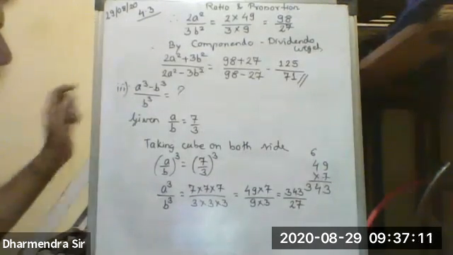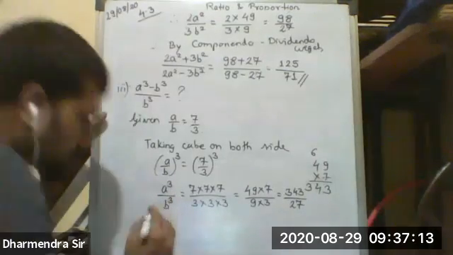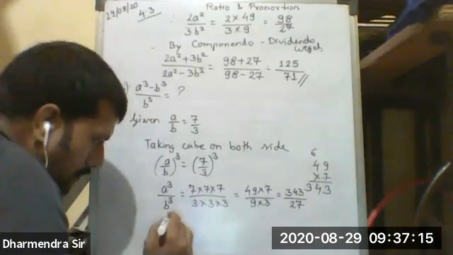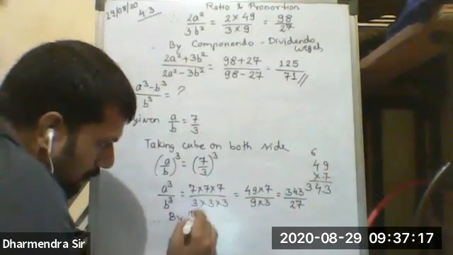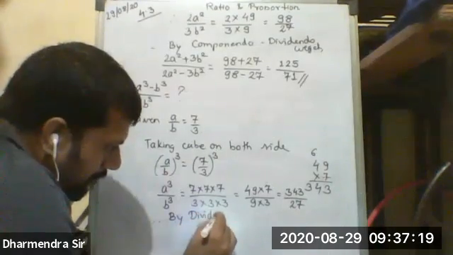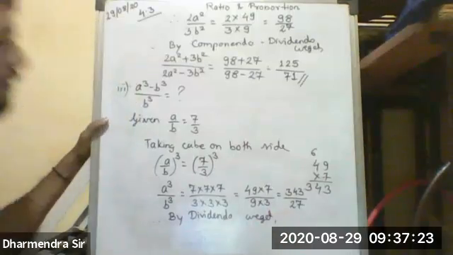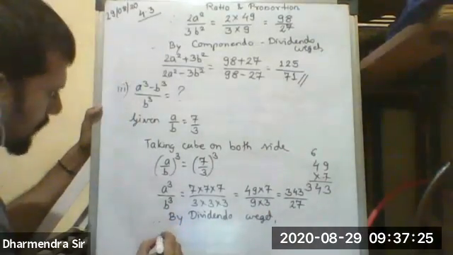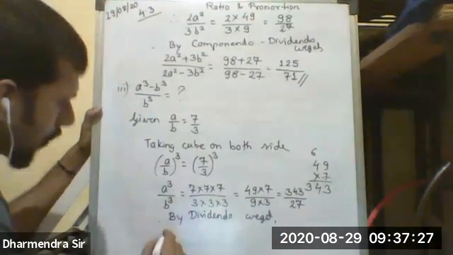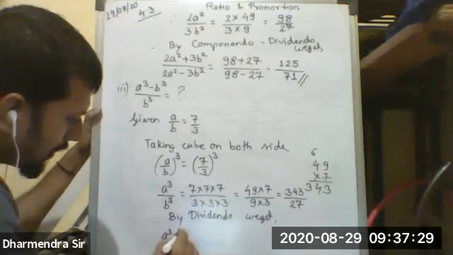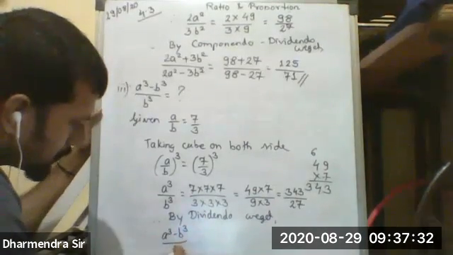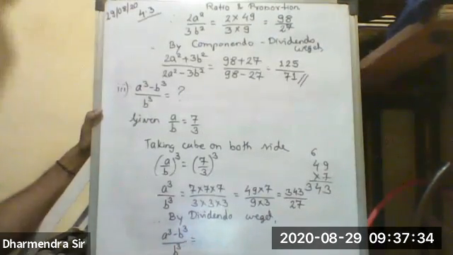So right now I'm having minus sign, so I'll be doing dividendo. Therefore by dividendo we get (a³ − b³) upon b³.